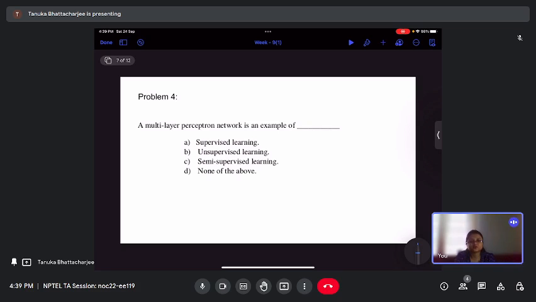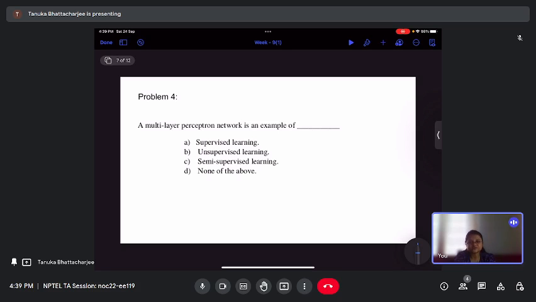In case of unsupervised learning, you do not know the target output. Let us say in classification, you know the classes, but in unsupervised learning you do not know the classes; you just know the feature vectors, and you need to, let us say, segregate them into different classes, which gives rise to the clustering problem.